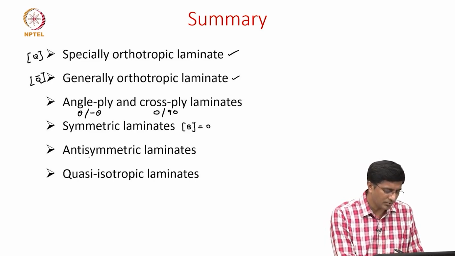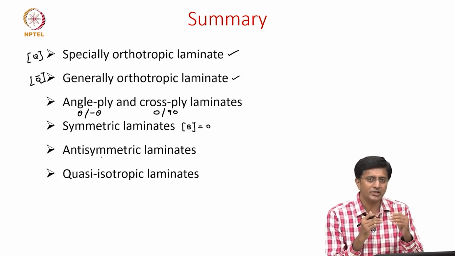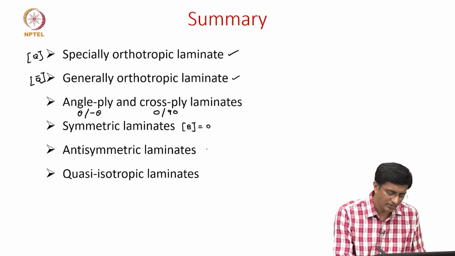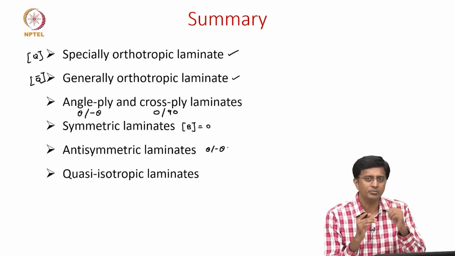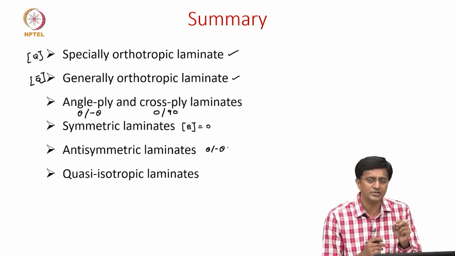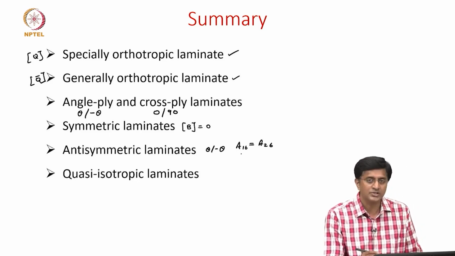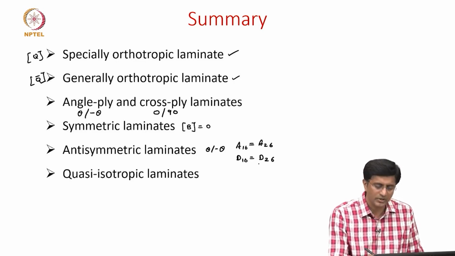Then we also discussed anti-symmetric laminates, where things are symmetric with respect to the material and the thickness, but angle-wise they are either theta or minus theta. So we are talking about pairs about the mid surface. Because of this definition of anti-symmetry, we said there are at least two important couplings which exist. These are the A16 and A26, which bring in the extension-shear coupling, and the D16 and D26, which bring in the bending-twist coupling.